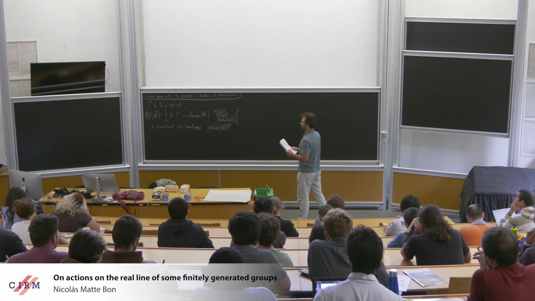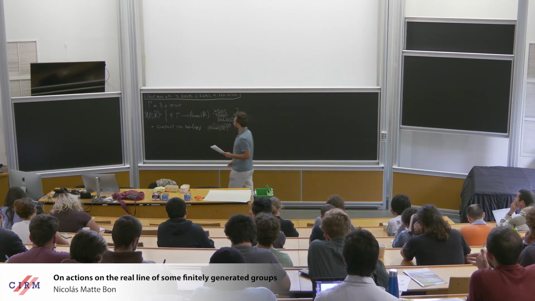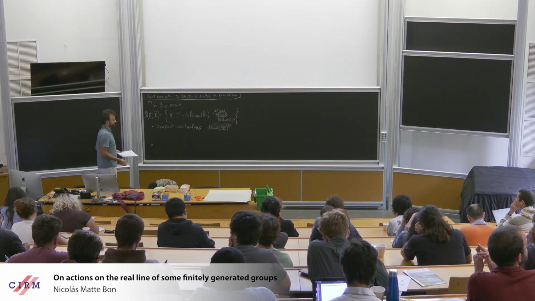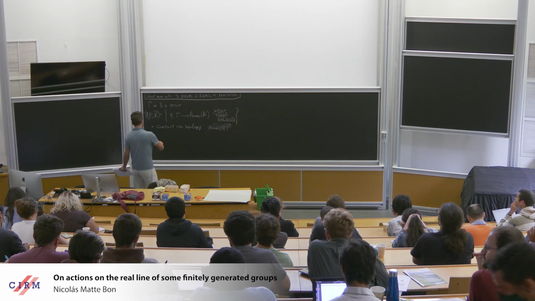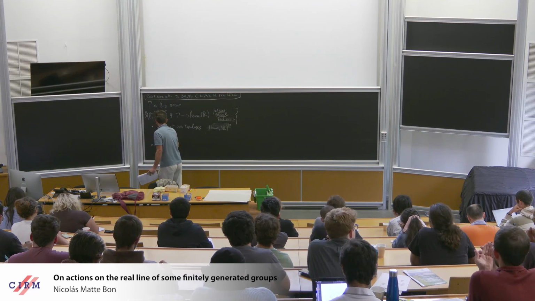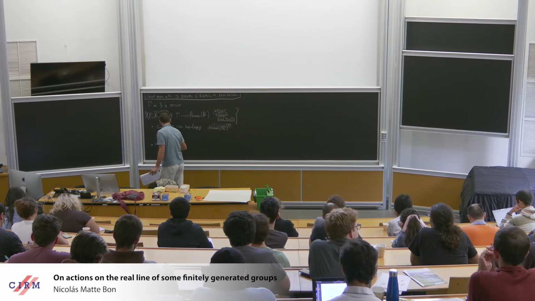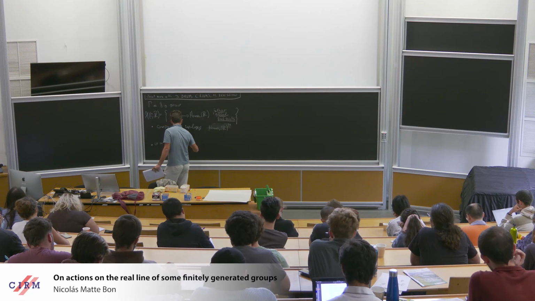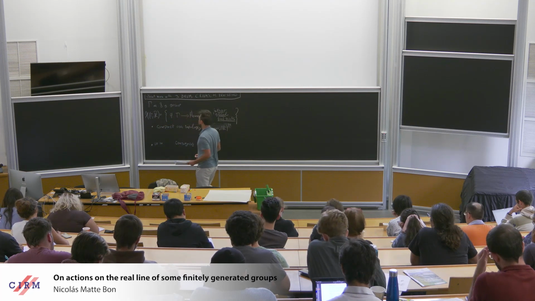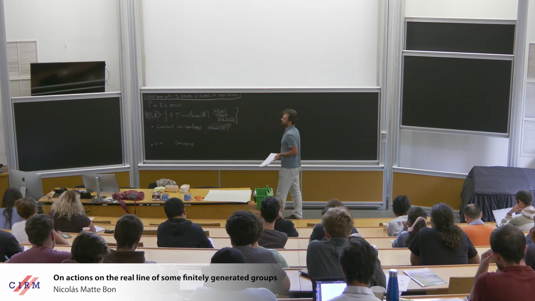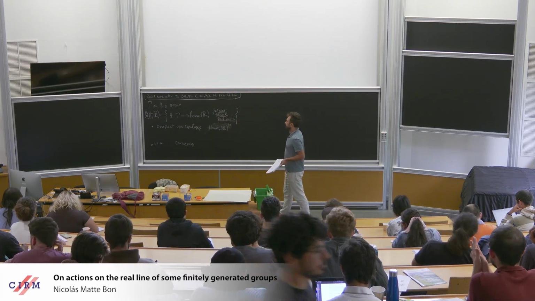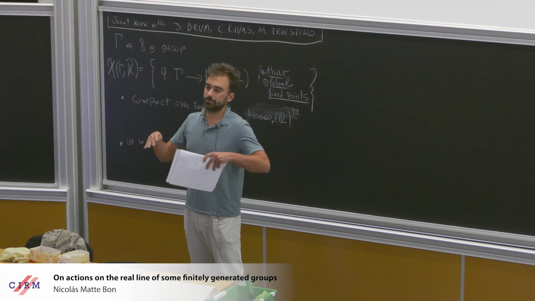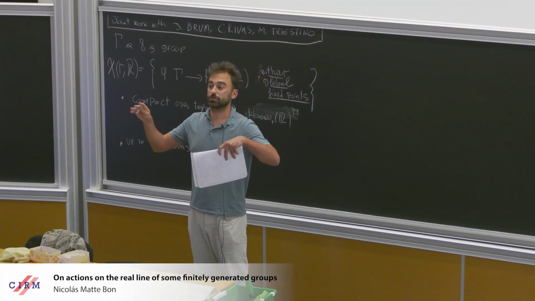And secondly, we are interested, of course, in understanding which actions are dynamically different from each other. Of course, it would be nice to look at them up to conjugacy, meaning topological conjugacy, but this is often too restrictive in this setting. The reason is that when you are given an action on the real line, you can always build from it many non-conjugate actions.